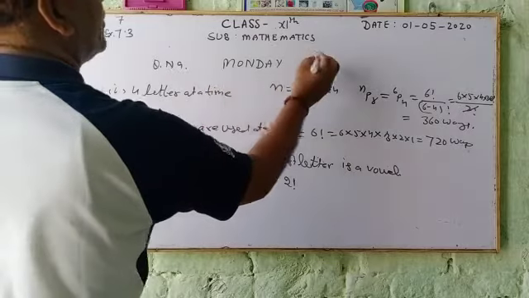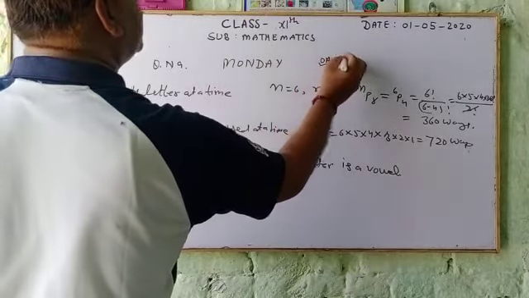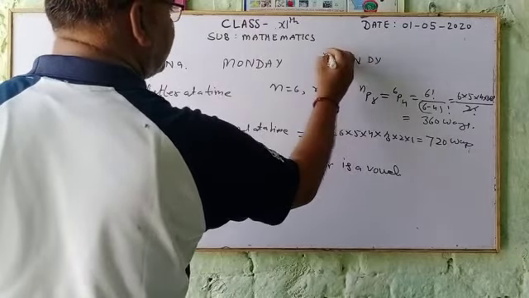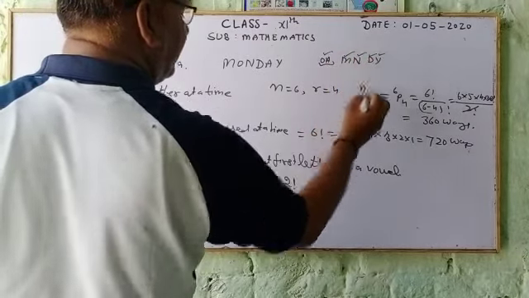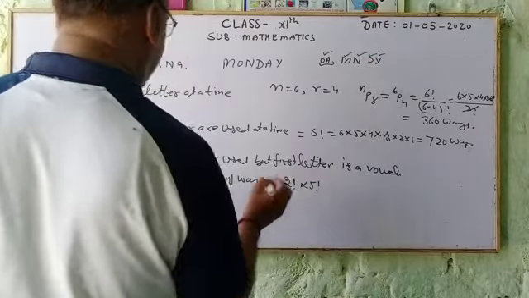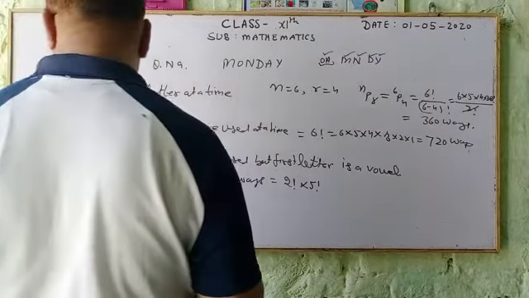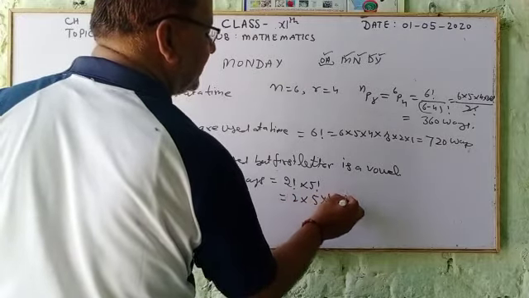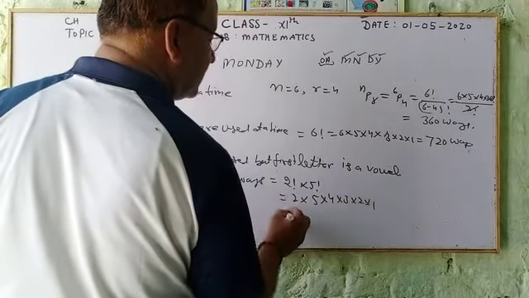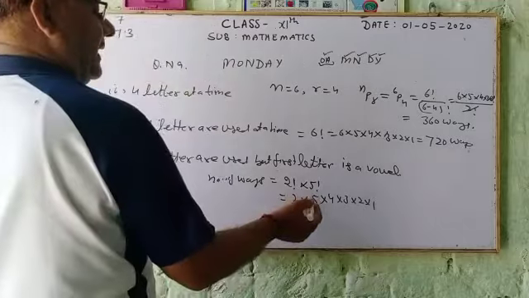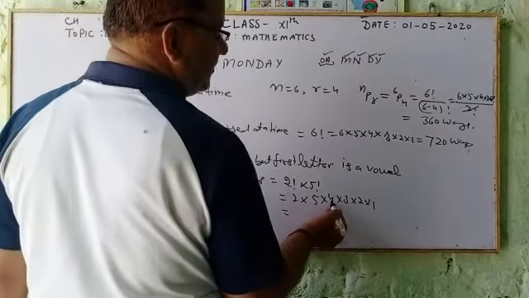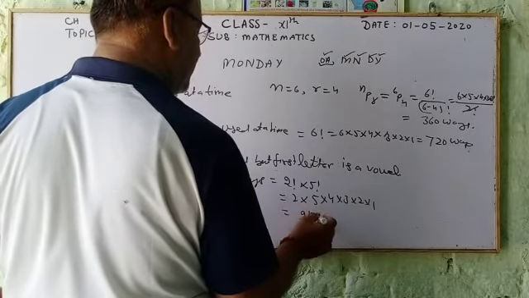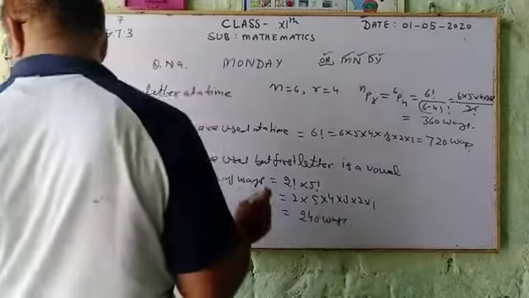So O or A is fixed in the first position and the remaining letters are M, N, D, Y. So total positions 1, 2, 3, 4 and 5. We multiply by 5 factorial. So we get 2 into 5 factorial, which is 5 into 4 into 3 into 2 into 1. So 2 times 5 is 10, 10 times 4 is 40, 40 times 3 is 120, 120 times 2 is 240 ways. We get the answer.